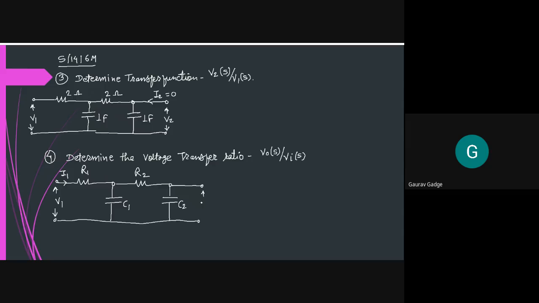On the other side port V2, the I2 value is equal to 0. This particular numerical was asked in Summer 15 for 7 marks. You have 10 plus 10, 20 minutes to get the answer. I think 10 minutes is more than sufficient, but you can use the remaining minutes to get the 4th numerical answer fast. All of you please write this down.